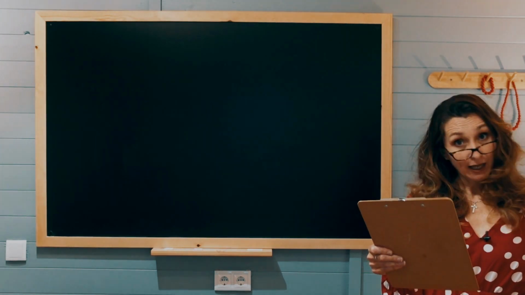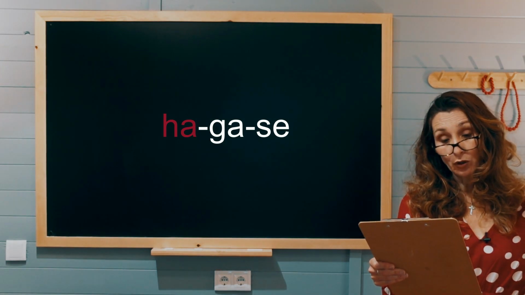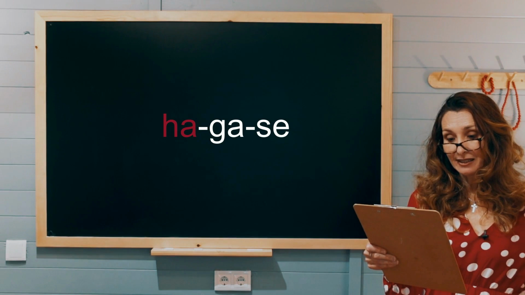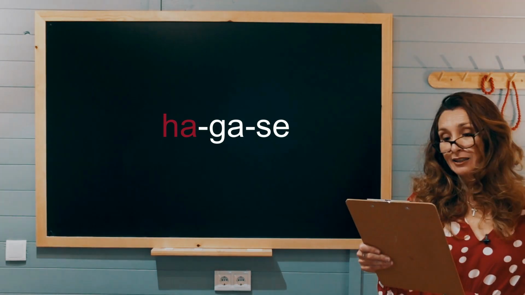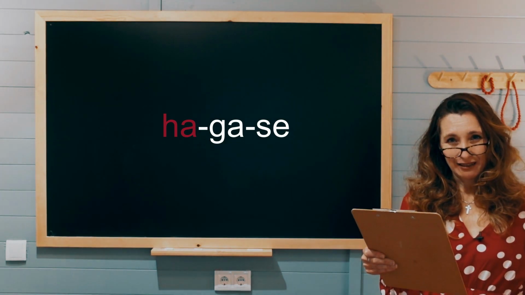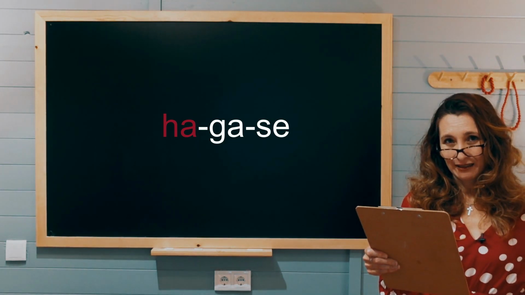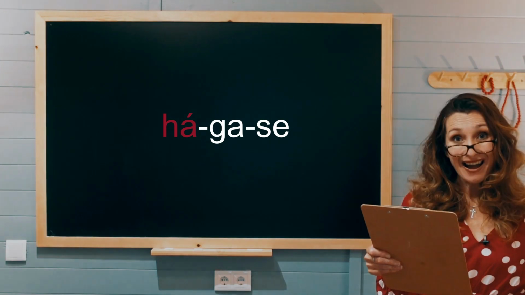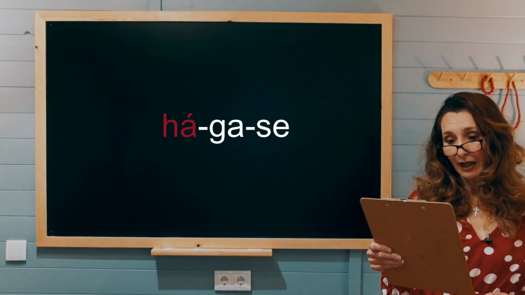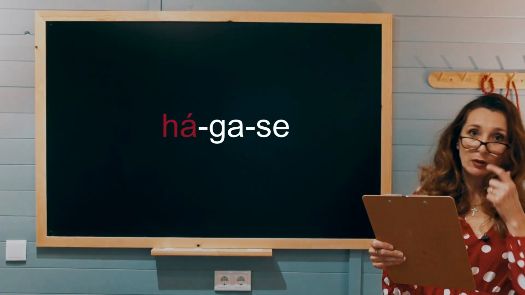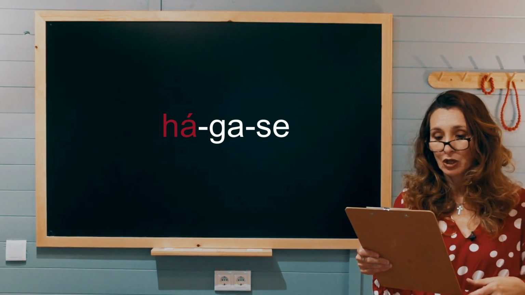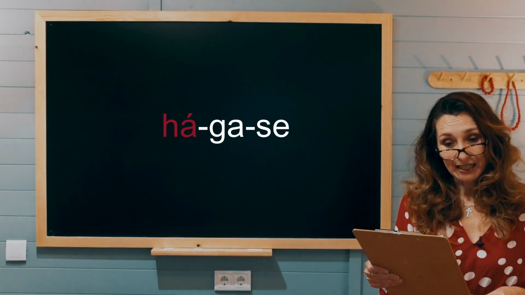The next one ends with a vowel, so we expect ga to be accentuated. However, it's not hagase, it's hágase. Which means that this a has a tilde, okay? The Spanish say hágase.